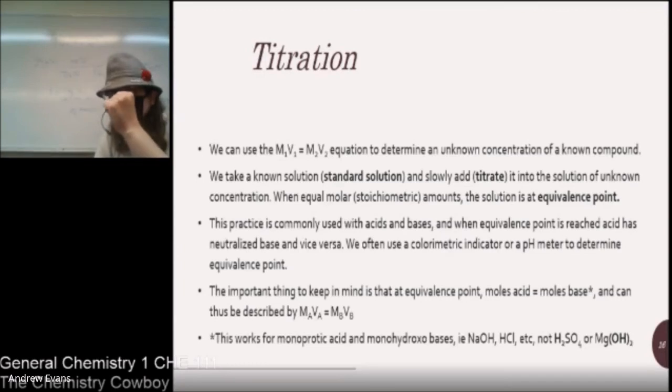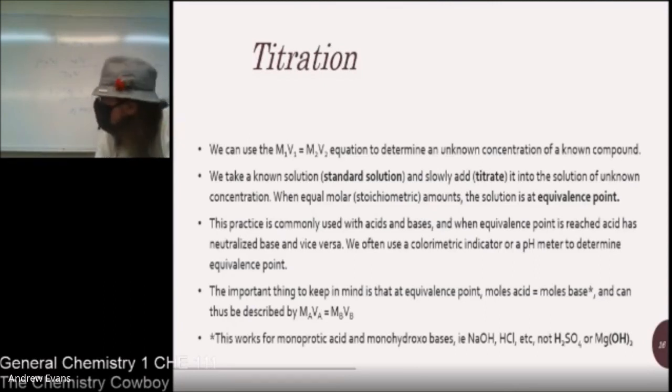When we have just acid in there, it'll look one way, and just base, it'll look another way. And we're going to be measuring the point where it changes colors permanently. It goes from acidic conditions to basic conditions, and we're going to use that to figure out at what point the moles of acid and the moles of base were equal.